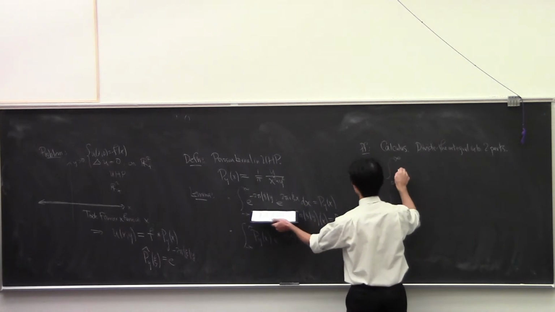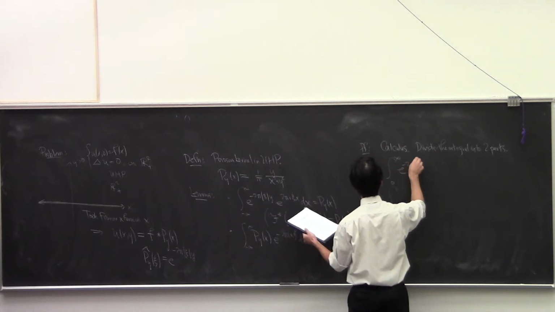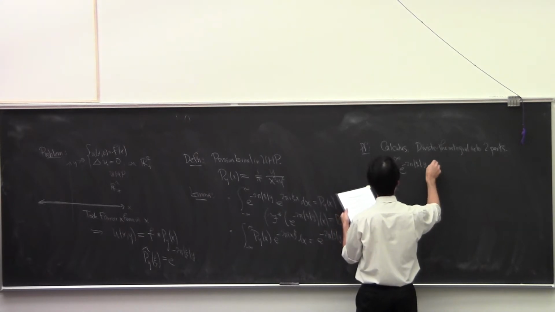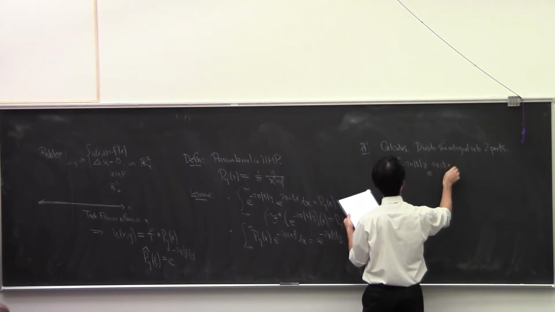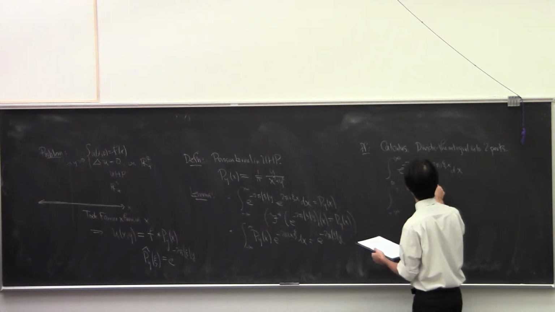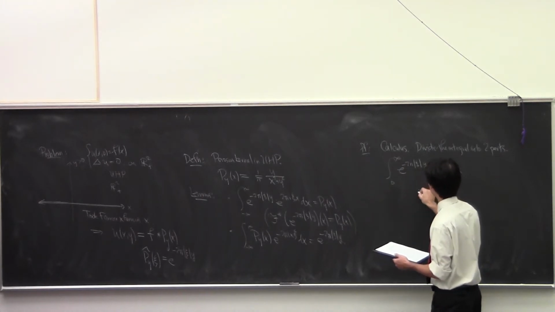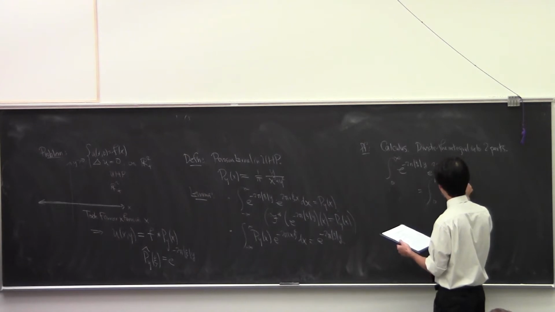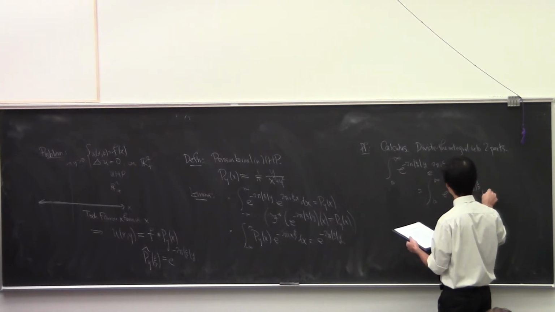Just looking here, we have e to the negative 2 pi absolute value of c y, times e to the 2 pi i c x. You write that as e to the 2 pi i (x plus i y) c.